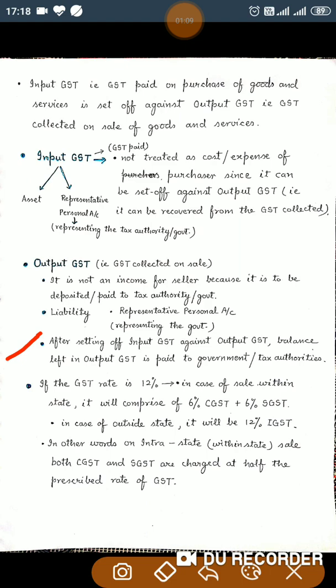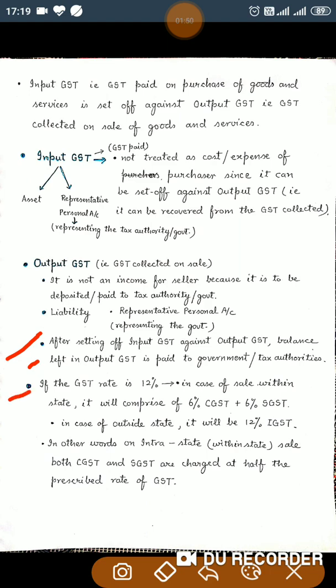As I just explained, the rule of the government is that whatever GST you have paid at the time of purchase, you can recover from the GST you have collected, and the balance amount you will pay to the government or tax authority, right?